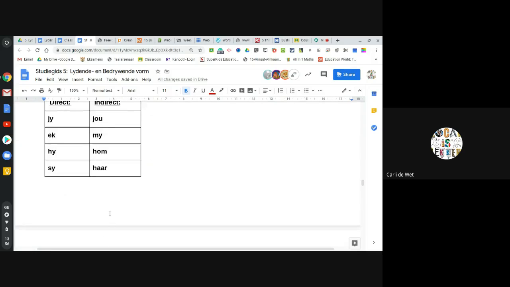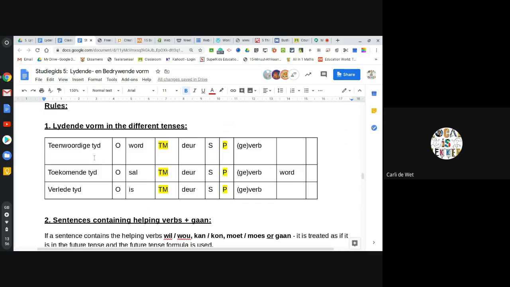Eet jou brood moet geëet word. If I go back to the present tense here, then you see that eet jou brood moet geëet word. There. So I'm pointing to the toekomende tyd because remember what I told you? Any auxiliary verb that they give you, well, they didn't give you this one, but it's a bevelsin, but you know it must be moet.